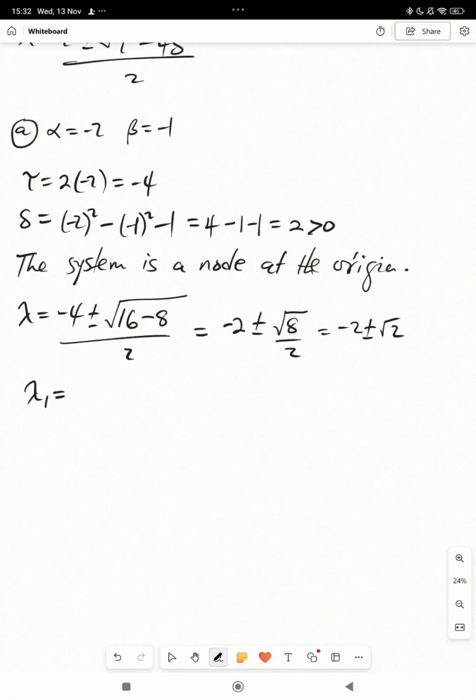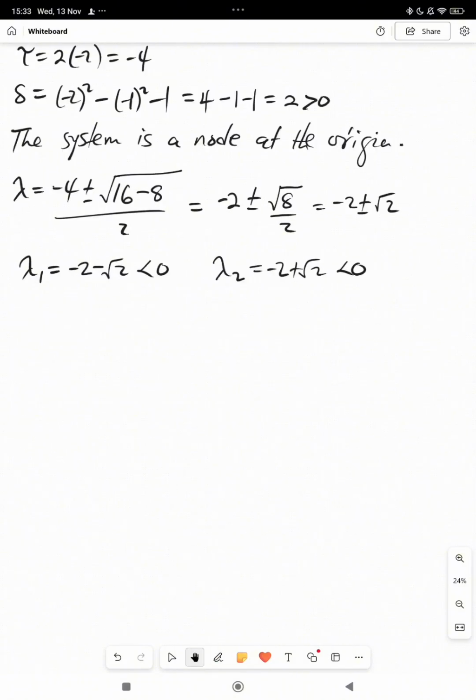So for lambda 1, we take the negative side: minus 2 minus square root of 2, which is less than 0, and lambda 2 will be minus 2 plus the square root of 2, which is also less than 0. The square root of 2 is approximately 1.4142, so minus 2 plus 1.4142 will give us a negative value.